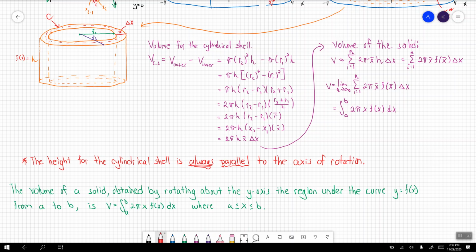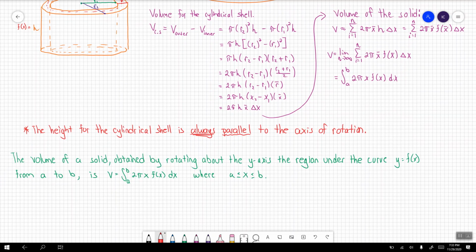The reason we look for the circumference is because using this definition, the volume of cylindrical shells breaks down into these pieces: we have a circumference, we have a height, and we also have a shell thickness.